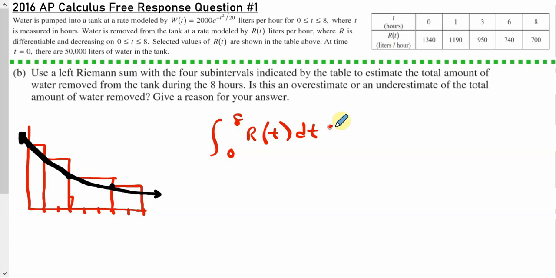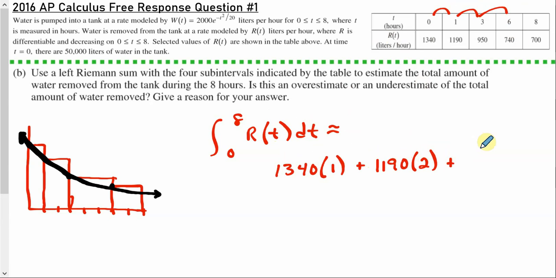It's approximately equal to the height of the first box, which is 1340, times the width, which is 1 unit long, plus the 1190 height times 2, because it's 2 units long, plus this one is 3 units long and its height is 950.